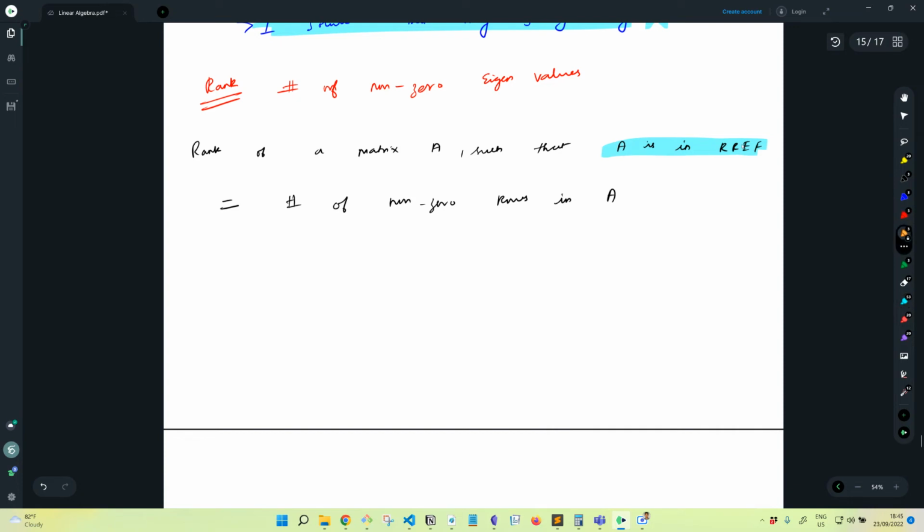Now, let me ask you a question to probe if you understood the rank definition. Let's say you're given a system AX equal to B. Let me refine the question.